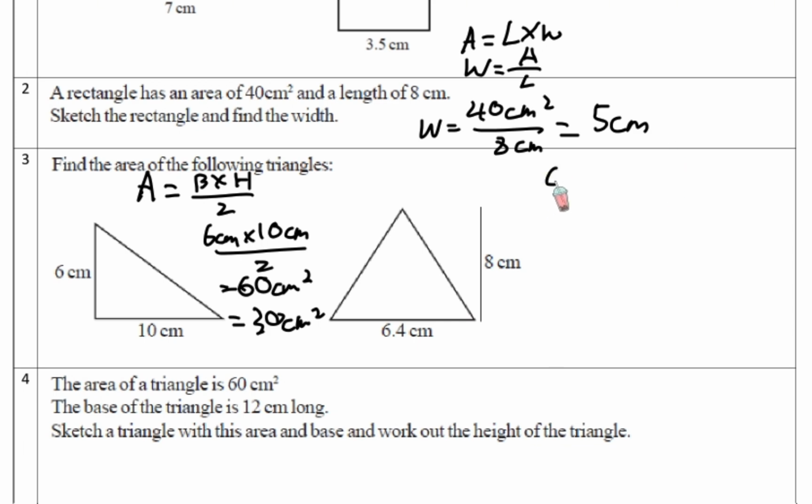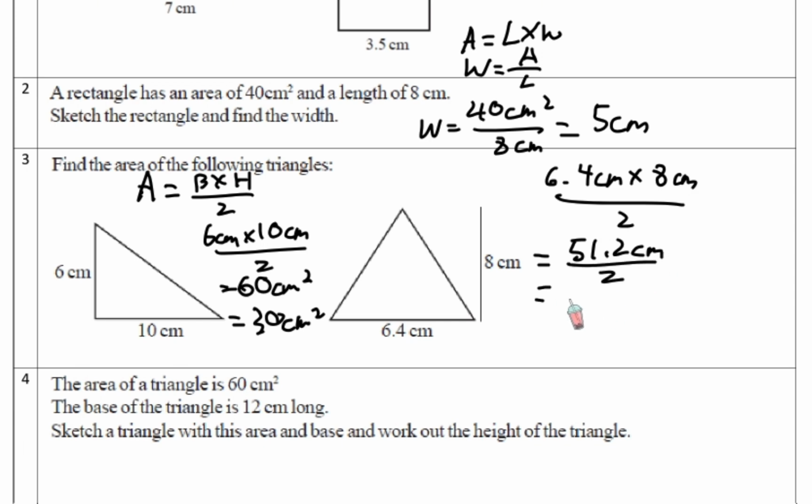For this, we will take 6.4 cm multiplied with 8 cm and over 2, we will get 51.2 cm over 2, which we will get 25.6 cm square.